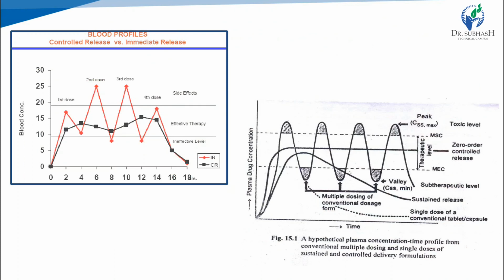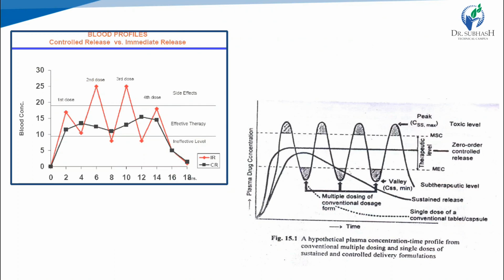So here in the figure we have to see the plasma drug concentration versus time. We have to plot the graph. In that we see the conventional type, sustained release and controlled release. For the conventional drug release system, we have to go for multiple dosing. In multiple dosing there are fluctuations.